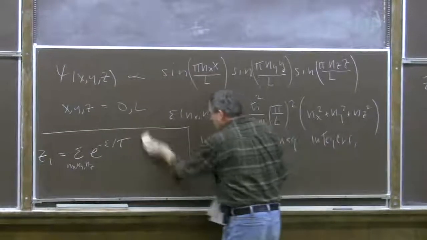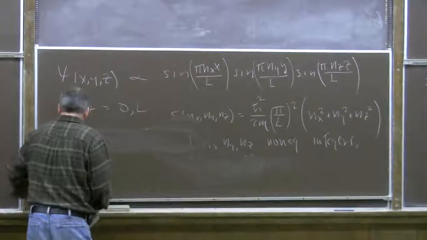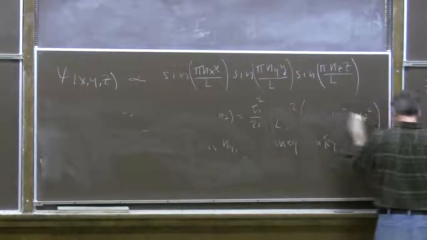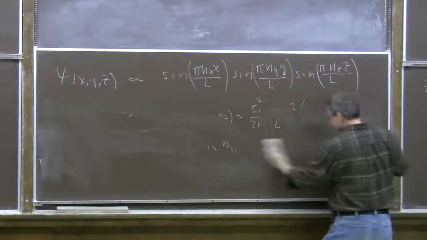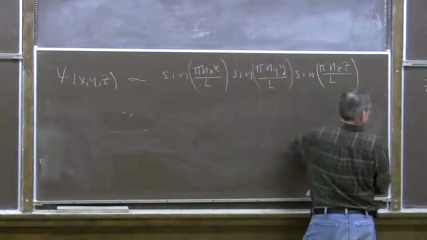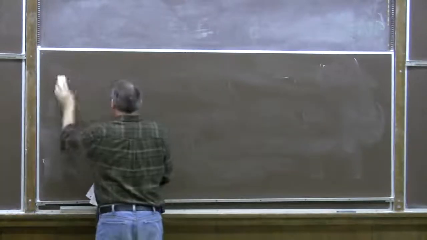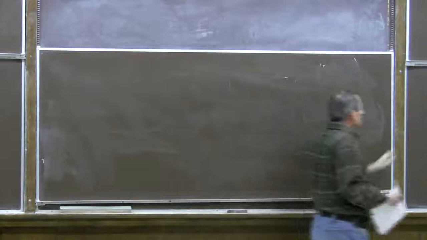Now that we have the partition function, we can start using it to calculate other things of interest. Remember, we already computed what Z1 was. Here it is.